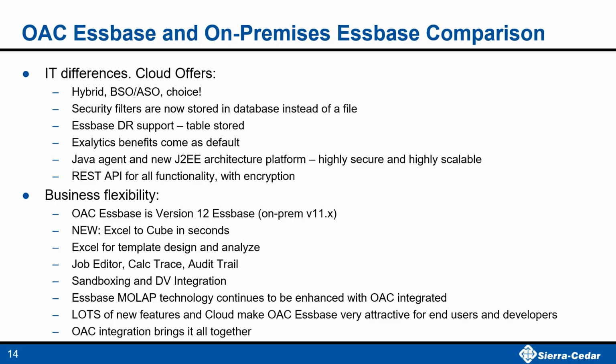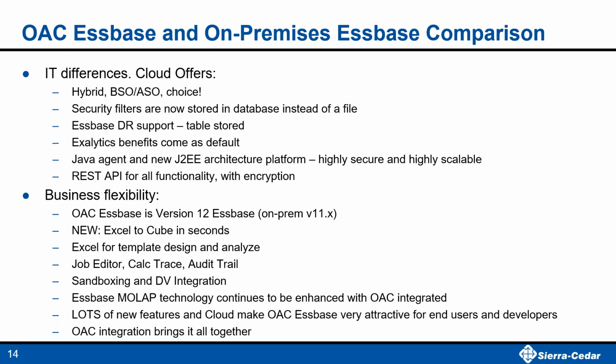So a quick comparison of Essbase in the cloud versus on-premise. One of the key differences up front is that the hybrid model gives you more flexibility to design your cubes. Your filters are now stored in a database instead of a file. The administration of those filters is very similar, but you also have the Essbase DR support if you go with the enterprise version.